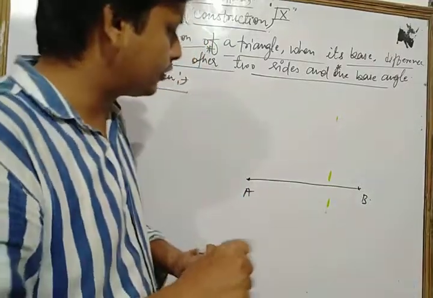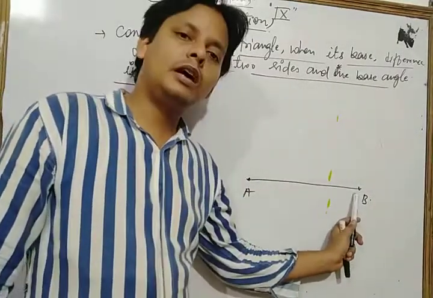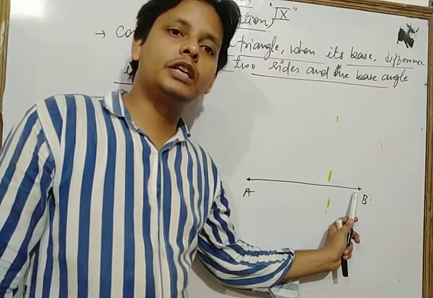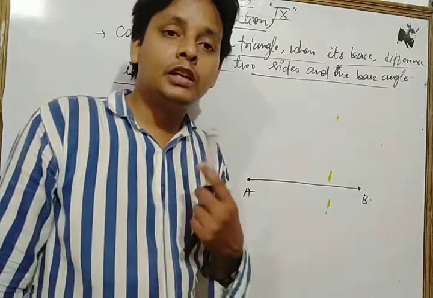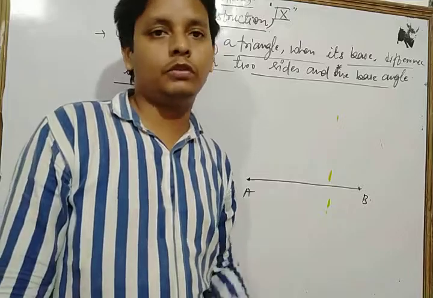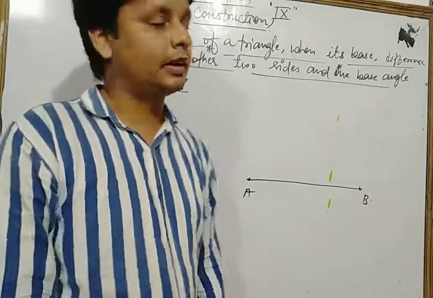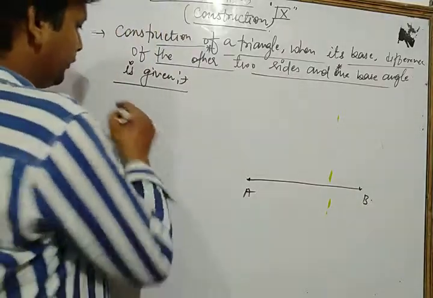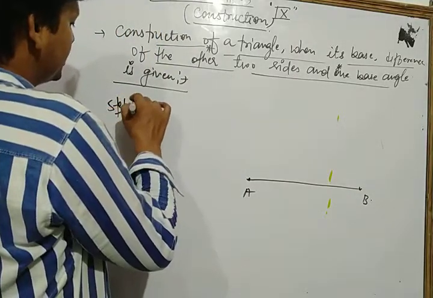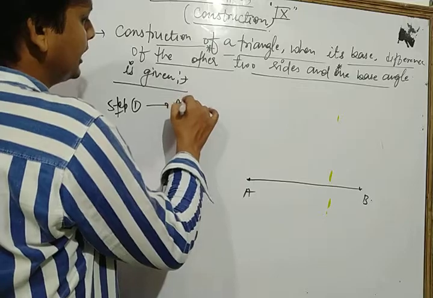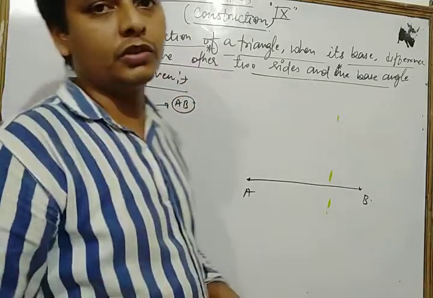So in step one we draw the line segment AB which is given in our question.